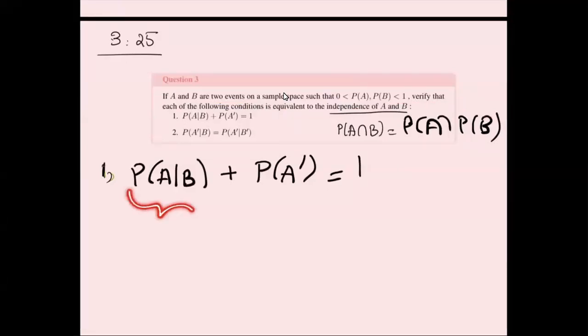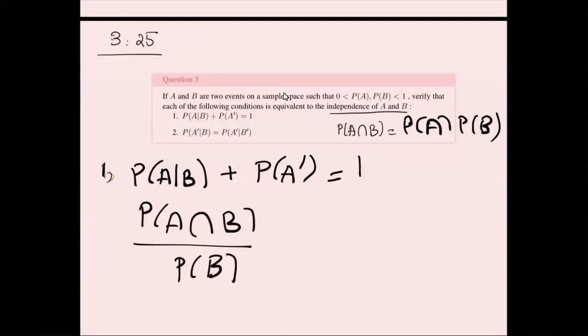Then if I expand out this term, I would have probability of the intersection divided by probability of B. And you should realize that I don't want to have the term probability of A complement, because what I want to reach just involves probability of A intersect B and then probability of A or probability of B. It does not have anything to do with probability of A prime.